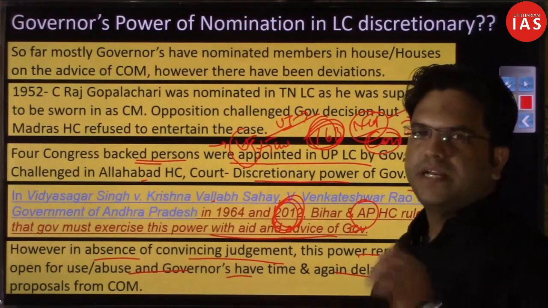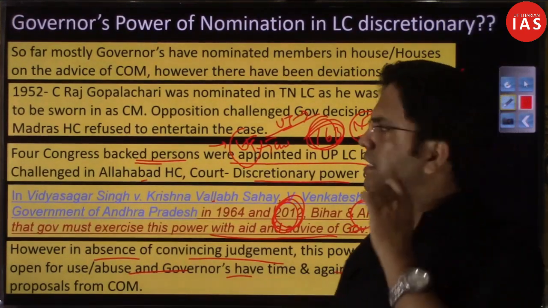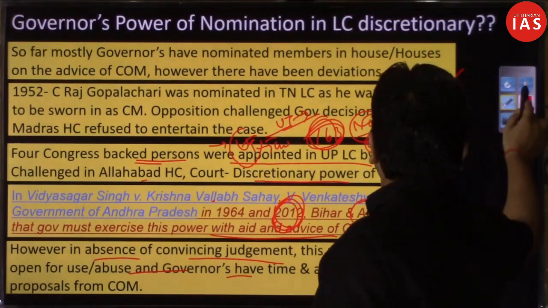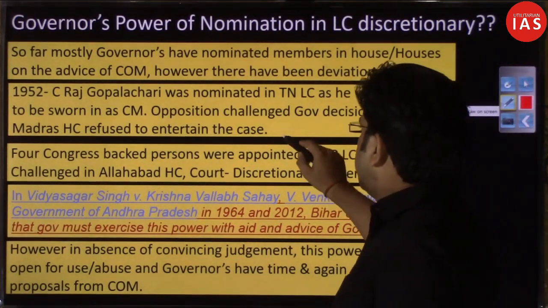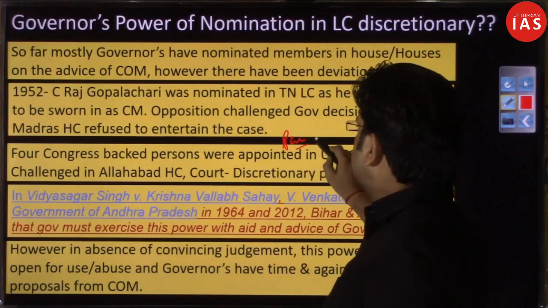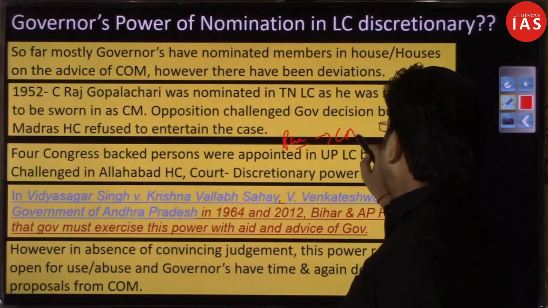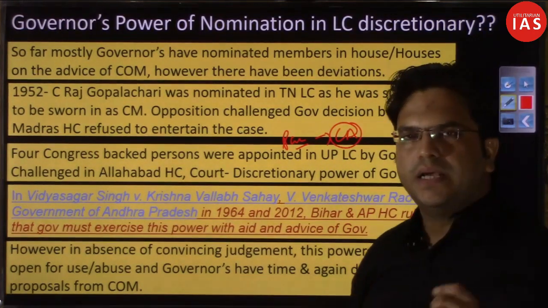So they can virtually sit for eternity on the suggestion of the Council of Ministers, because there is a lack of clear-cut power defined for the governor. That's why I was saying that rather than having these decisions coming from High Courts and the Supreme Court, Parliament itself should take cognizance and go for a constitutional amendment, and his power should be clearly defined.